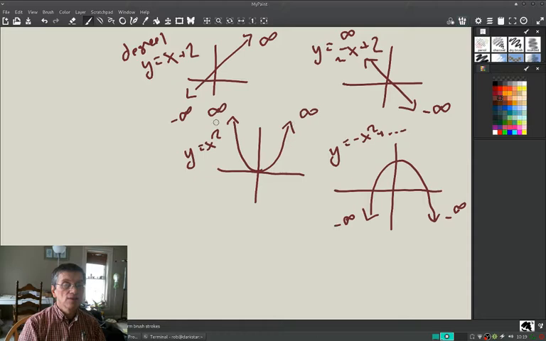Similarly, these go to both positive infinity if it's positive, if it's degree 2, and both negative if it's a negative sign. So if you just know the degree and the sign, turns out you can understand what the limit behavior, the end behavior is. This is called the end behavior.